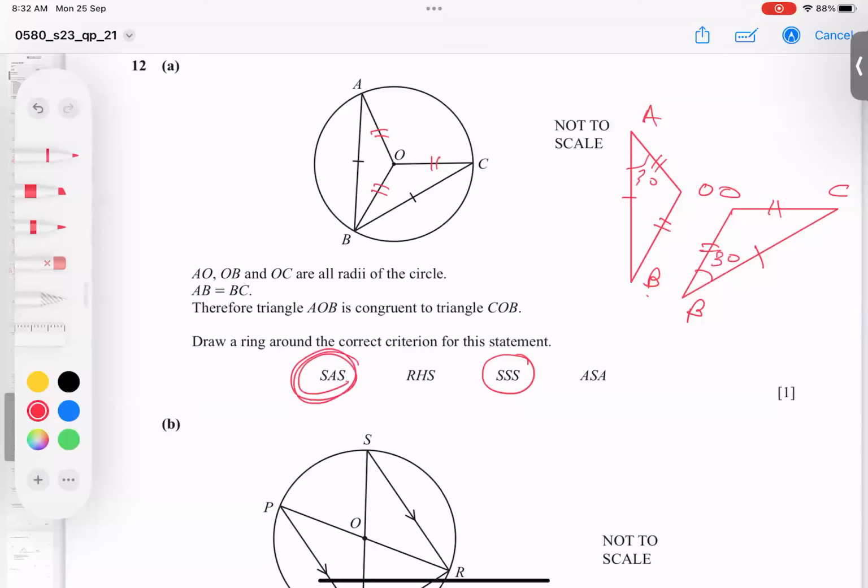Sometimes we have two angles involved, like 30-30 and 20-20, and one side, so it is side angle side or angle side angle. A stands for angle, S for side. So it depends upon the situation, that is why we can decide easily. So now the answer is SSS, I mean side-side-side.